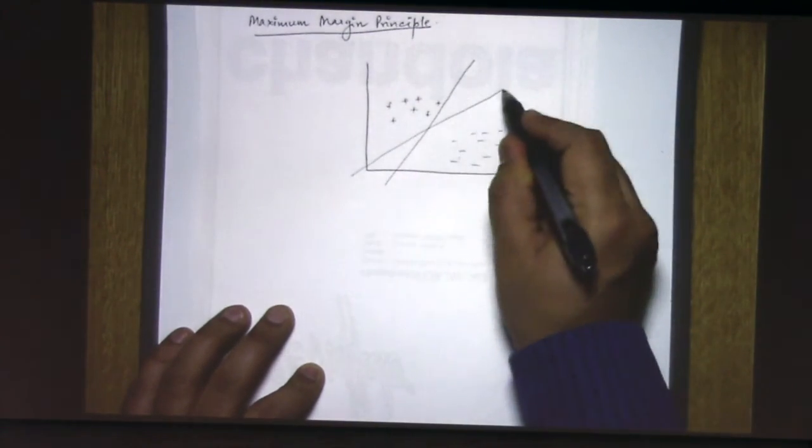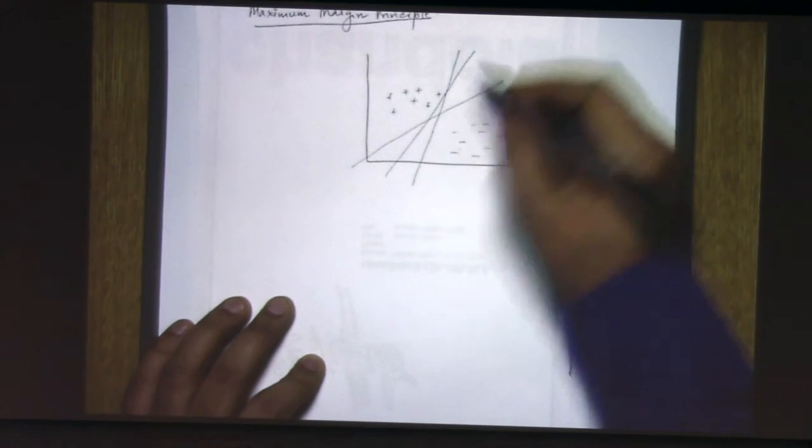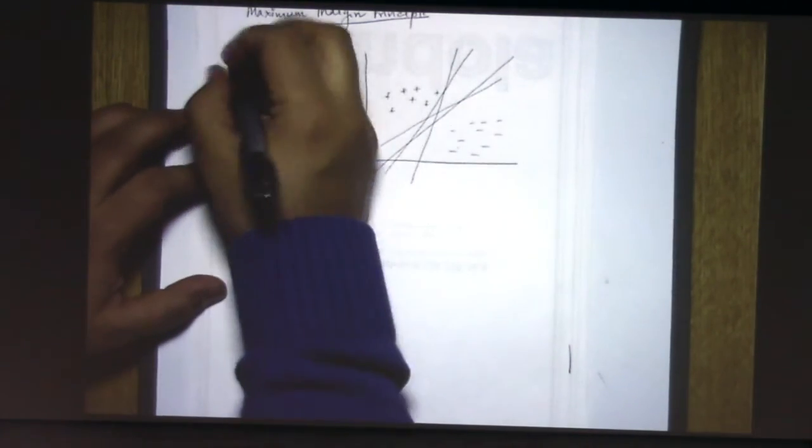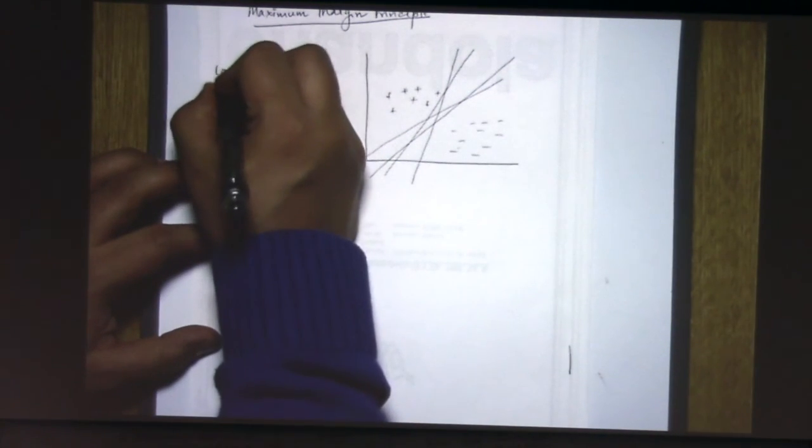They're all going to separate your data. But the best line is the one that goes right through the middle. Now, what do you mean by best line? It means the line that will guarantee the lowest generalization error.